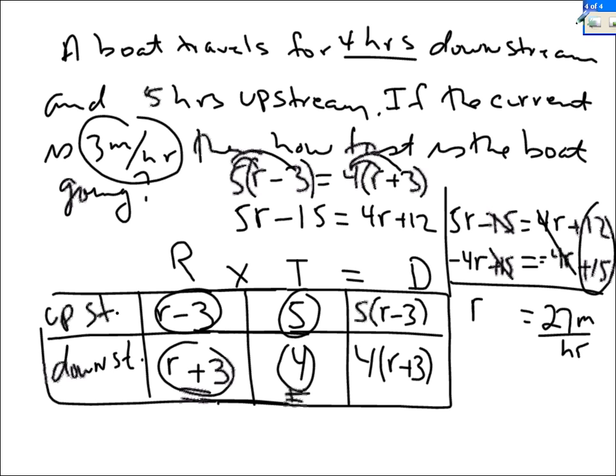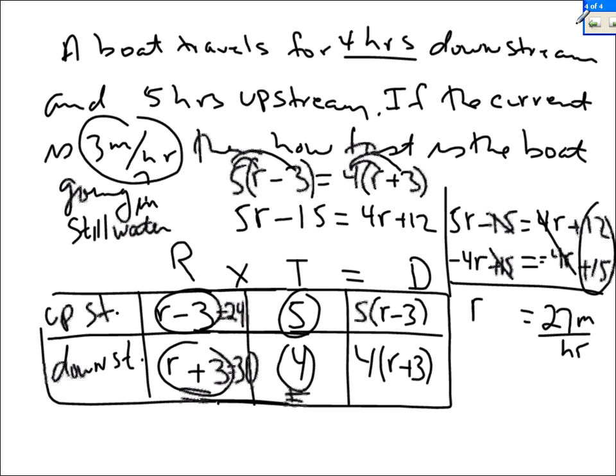Since I asked you how fast the boat is going in still water, you really should have said that: the answer will be 27 miles an hour. If they say upstream, 27 minus 3 is 24. Downstream, you add the 3.